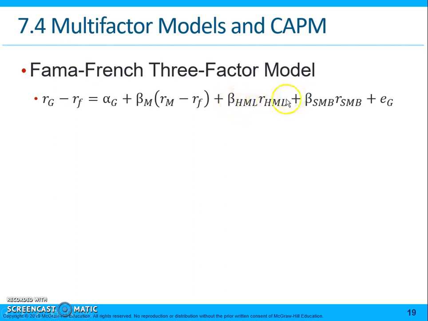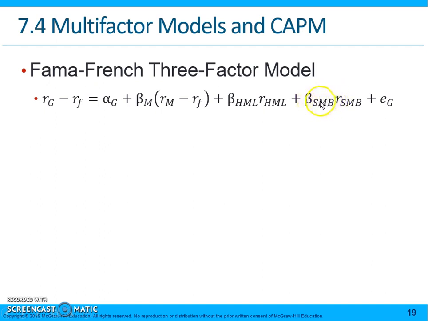So we multiply that by the return related to high minus low, and then the second factor is what's called small minus big. This relates to the fact that small firms tend to outperform larger firms.